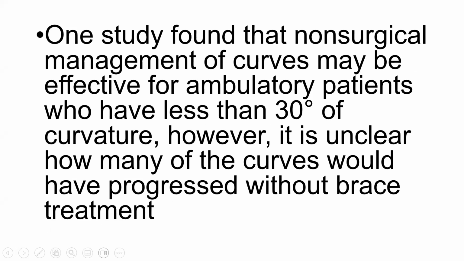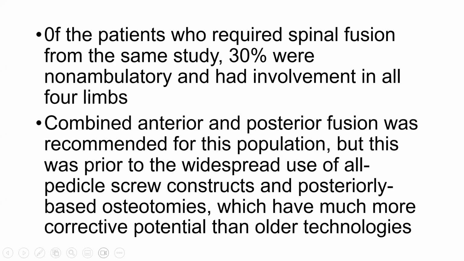Of the patients who required spinal fusion from the same study, 30% were non-ambulatory and had involvement of all four limbs. Combined anterior and posterior fusions were recommended for this population, but this was prior to the widespread use of all pedicle screw constructs and posteriorly based osteotomies, which have much more corrective potential than the older technologies.